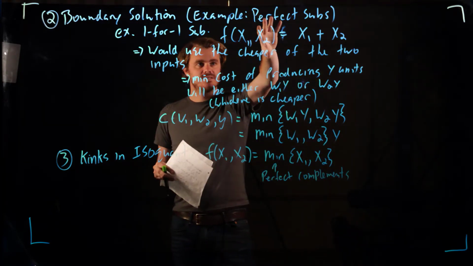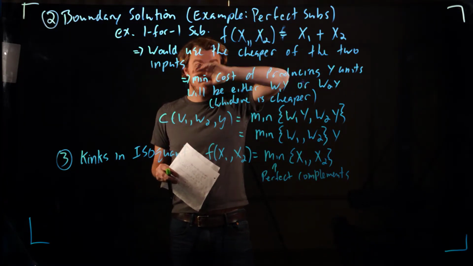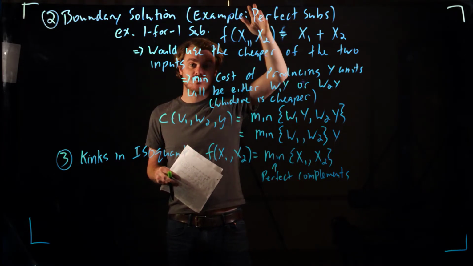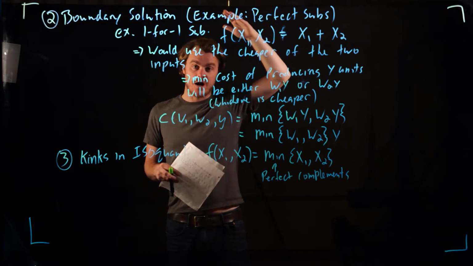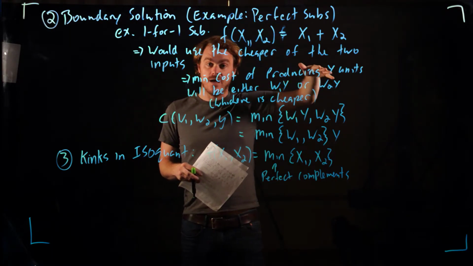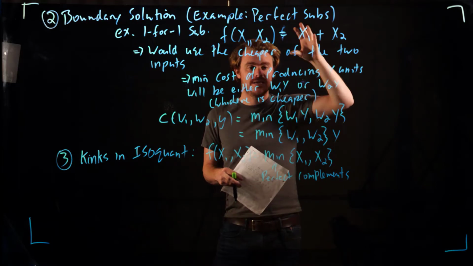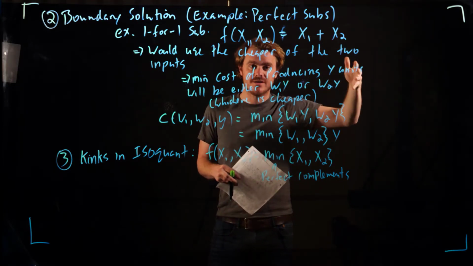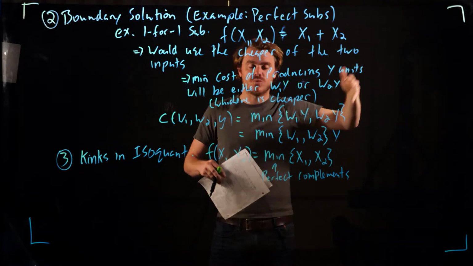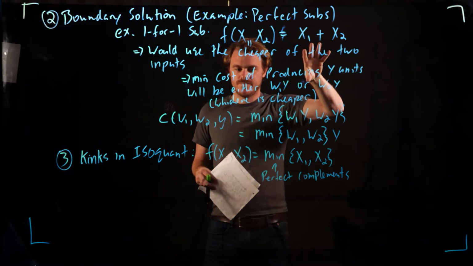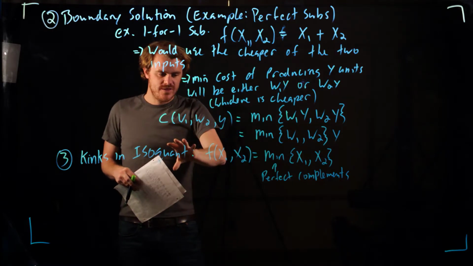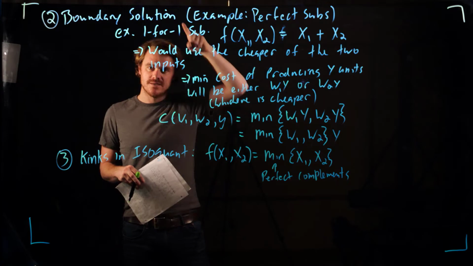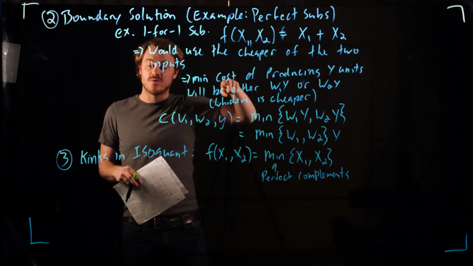So in this kind of category of problems, we have a straight line for our isoquant line, so we don't get that tangency. And then we just need to figure out, we're only probably going to use one input. What's the cheapest input to use? We're only going to use that one. Here, this is like our perfect complements, just like utility, where we have those kinks in the isoquants.